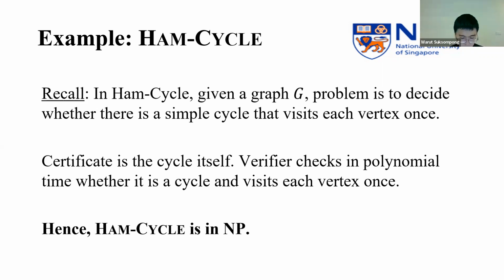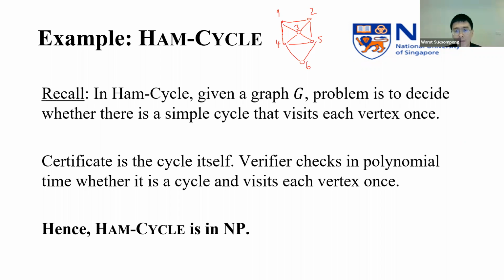So you might be given a graph like this, with these 6 vertices, 1, 2, 3, 4, 5, 6, and you want to know whether there's a cycle that visits all these 6 vertices, each exactly once, and then it's a cycle, so it comes back to the original vertex, right?